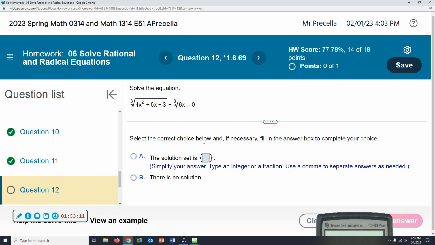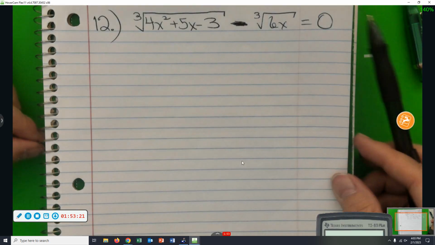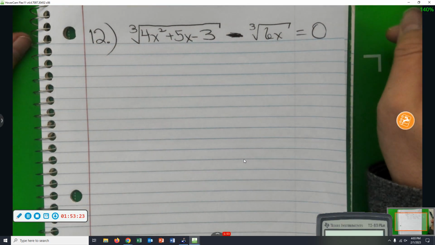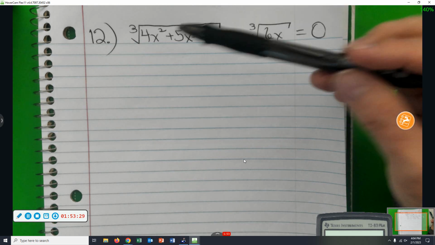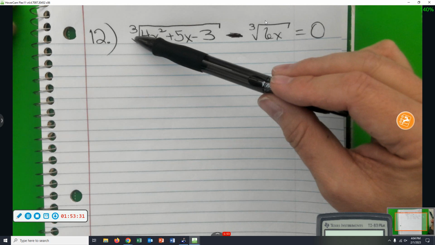Let me make sure I didn't miscopy this. Okay. We need to isolate a radical. In this case, well, let's get this one here by itself.